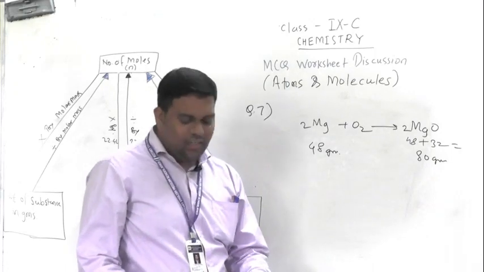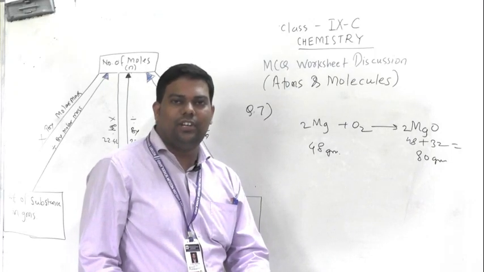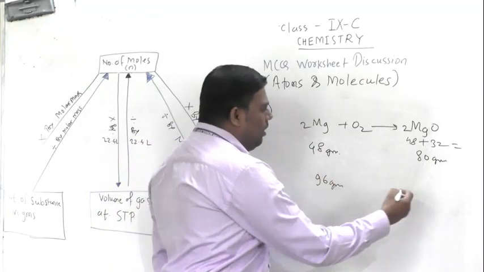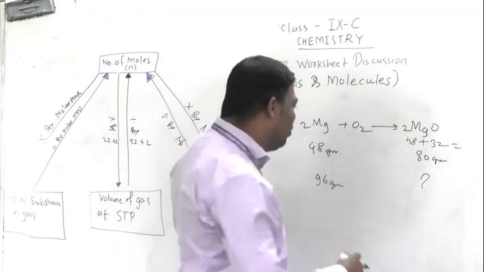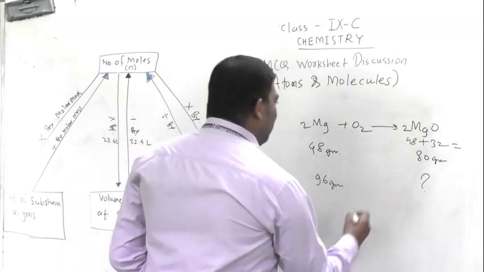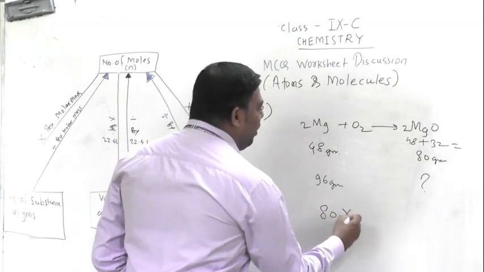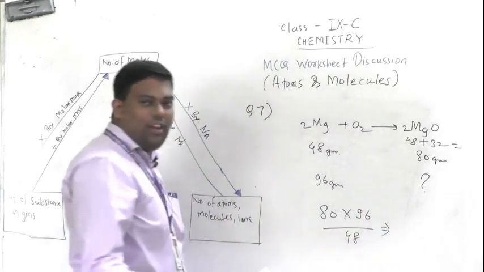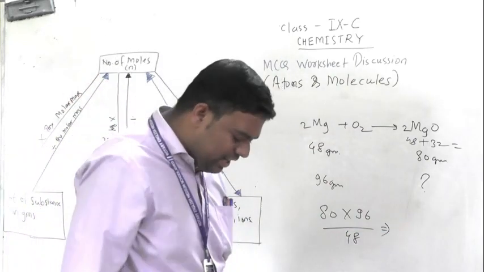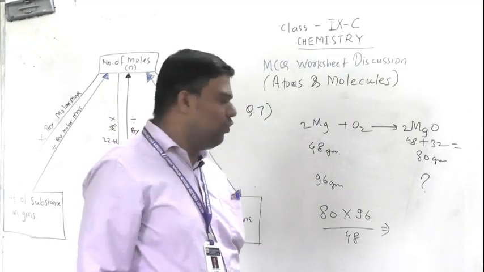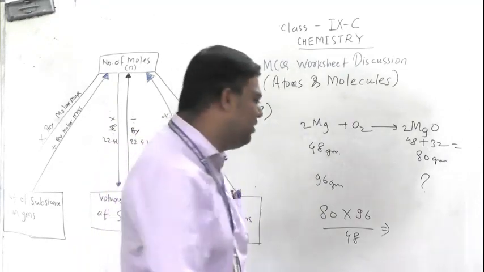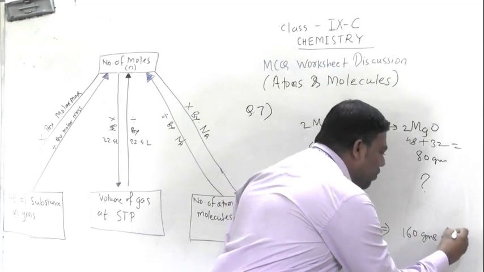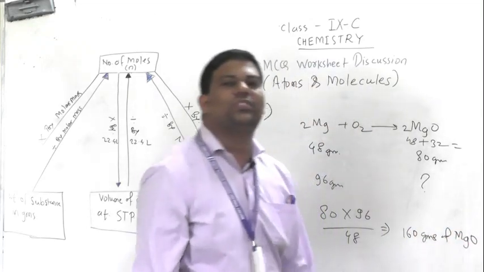Then when 96 grams burn, as given in the question, how much? You do cross multiplication: 80 into 96 divided by 48. You can calculate easily. The answer is 160 grams of MgO.